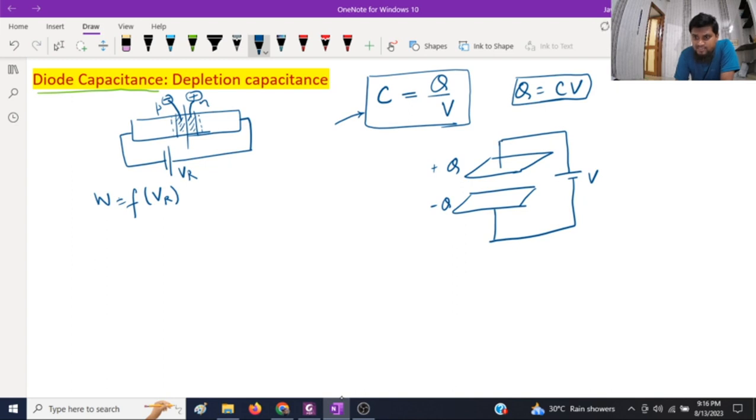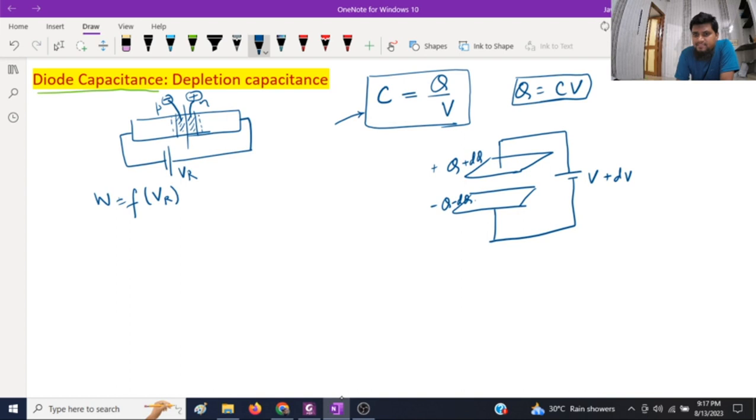And if we change this applied voltage by a very small amount, let's assume dV, because of this change in applied potential, the system has a property that it can store a little more charge, right?